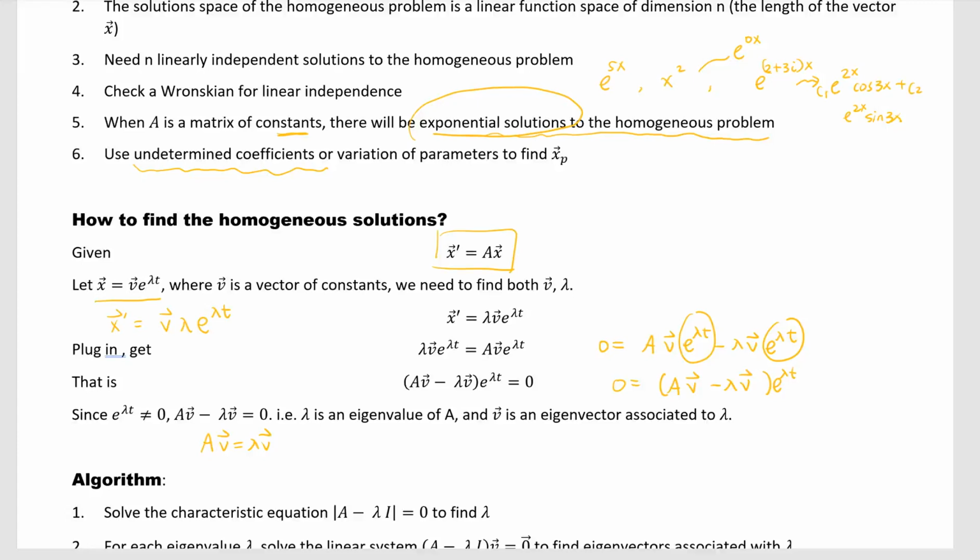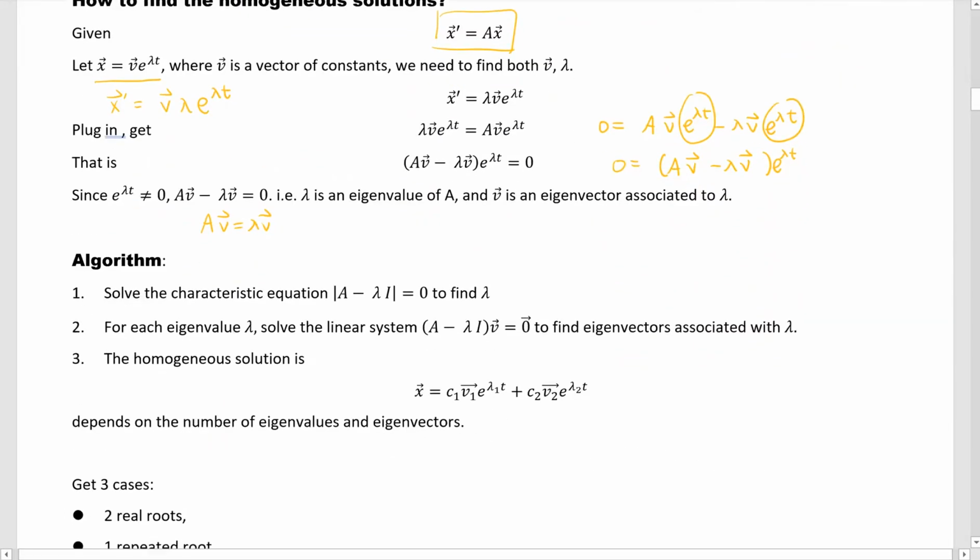That's why we need to study eigenvectors and eigenvalues in chapter 6, because it will help us solve a system of linear ODEs in chapter 7. So this is the algorithm.